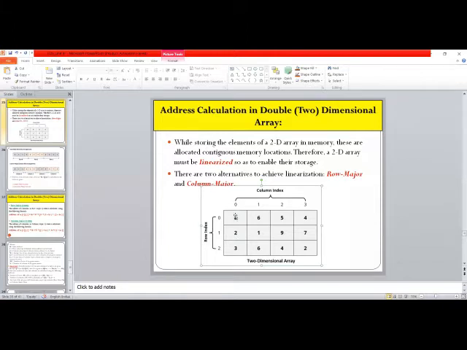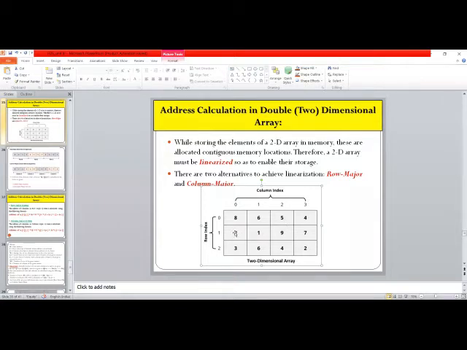So the subscript of this element will be A of 0, 0. Similarly, this 6 is stored at 0th row and 1st column. So its index will be A of 0, 1. Similarly, A of 0, 2 will be 5.